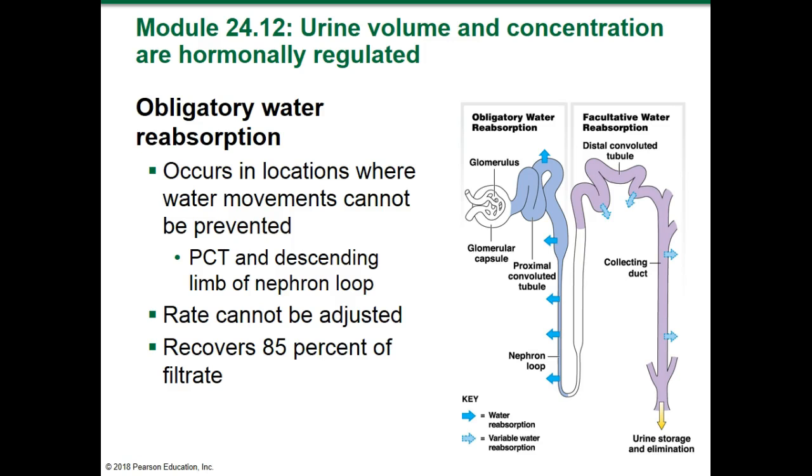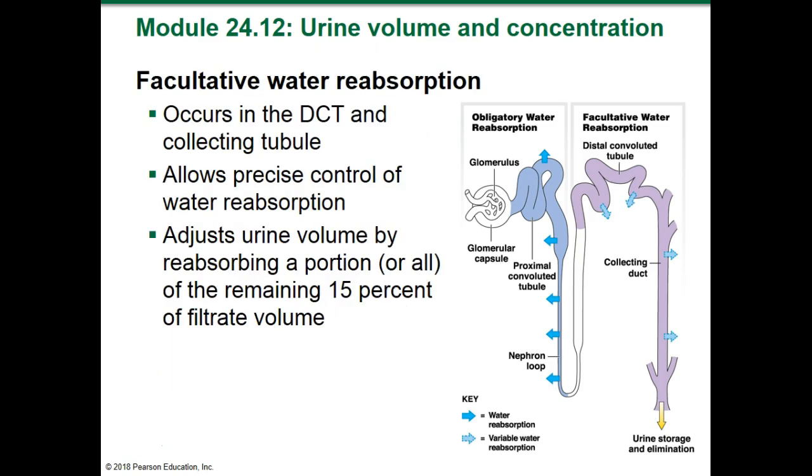So there's the proximal convoluted tubule, and there's the descending limb of the nephron. So the rate cannot be adjusted. It recovers 85% of the filtrate. So water just moves out. We take a lot of the water back up at that point.